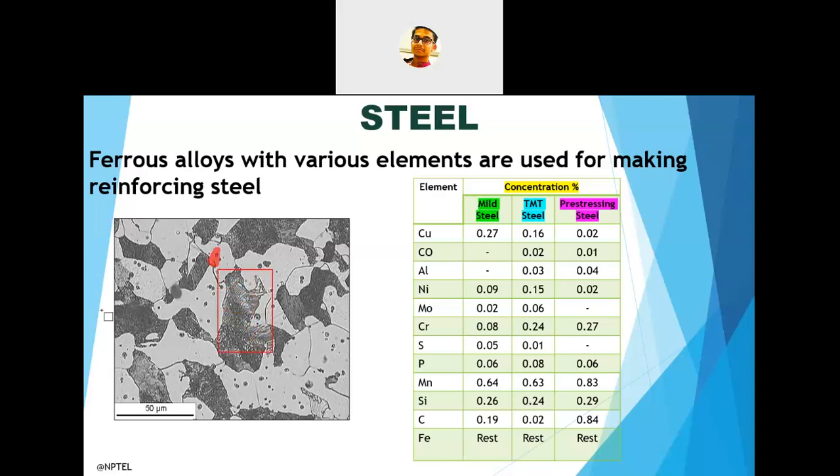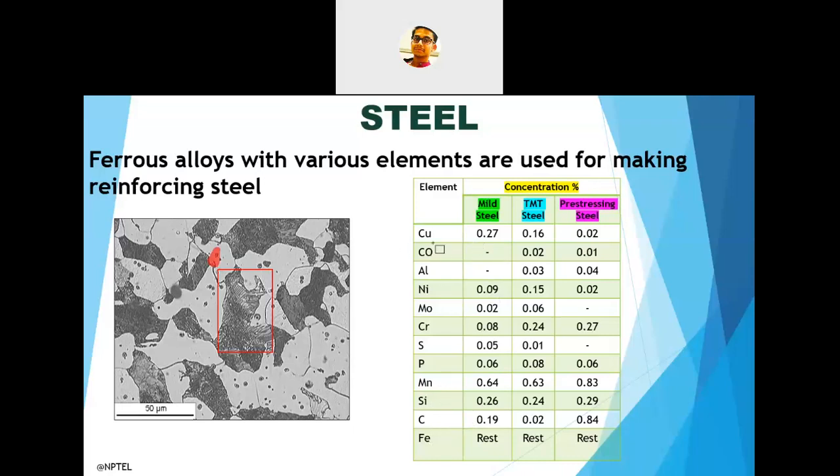These different elements create n number of phases inside any steel or iron at the microstructure level. The main thing to show you is that the steel which is available, like mild steel or TMT steel, even pre-stressing steel, does not contain only iron.